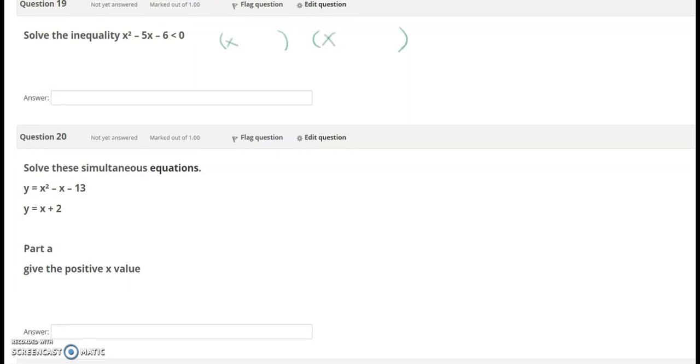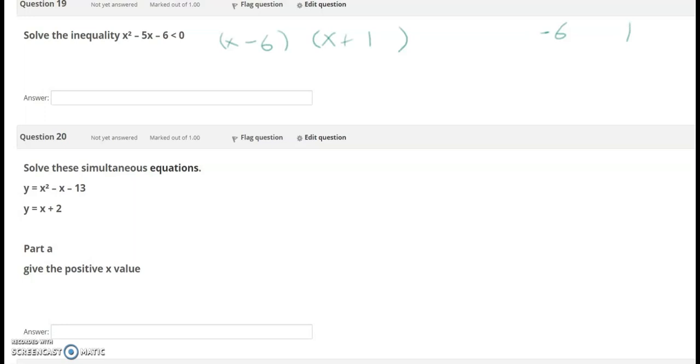And we need to find two factors which multiply to give us -6 and add to give us -5. And that is -6 and 1. So x minus 6 and x plus 1. If we expand them, we can check that this actually works.